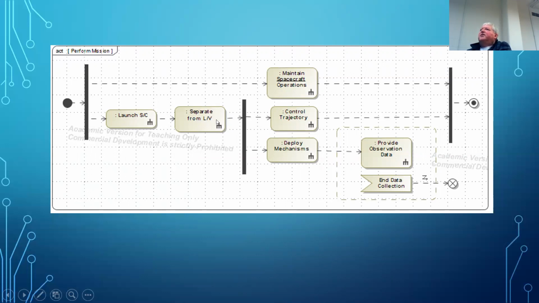Then here's another fork, so there's a fork within a fork. These will start when this is done. This one is still operating. When that's done, it goes to a fork, and then this one. Now here's a region called an interrupt region, this little rounded-corner dashed line you can put in there. What this is saying is when this completes, it's going to go to this activity, a separate diagram because of the fork, and it's going to send a message, end data collecting.